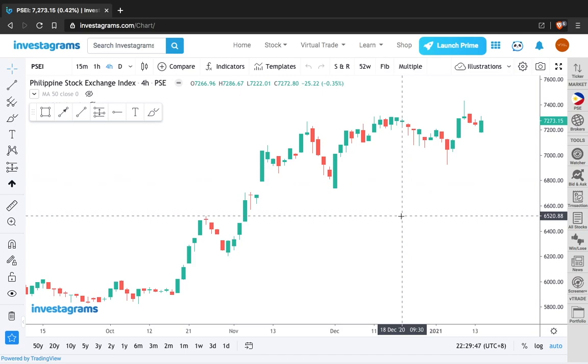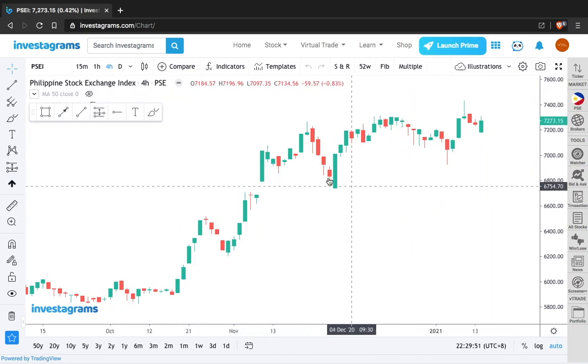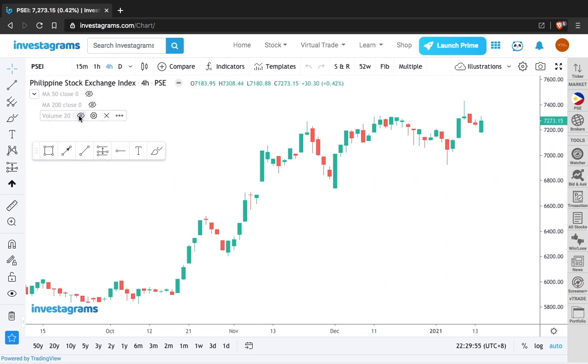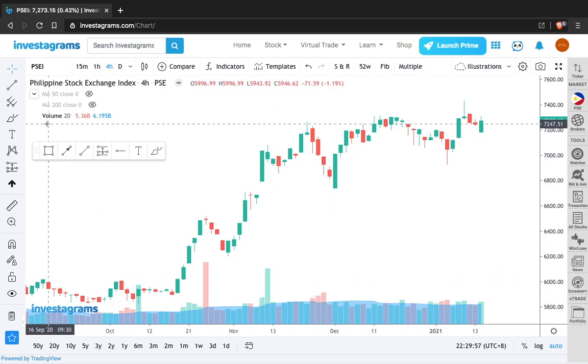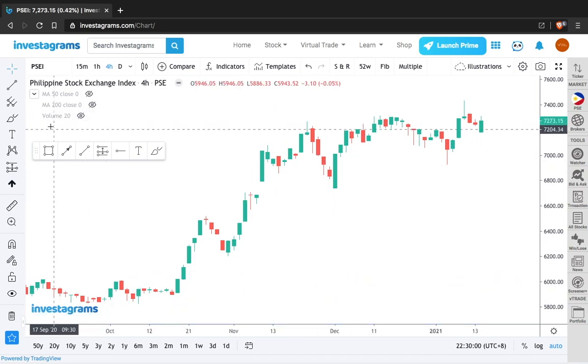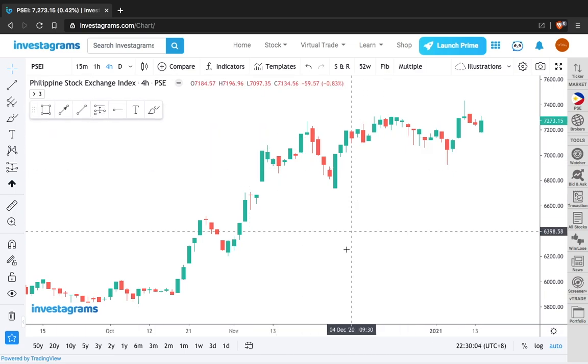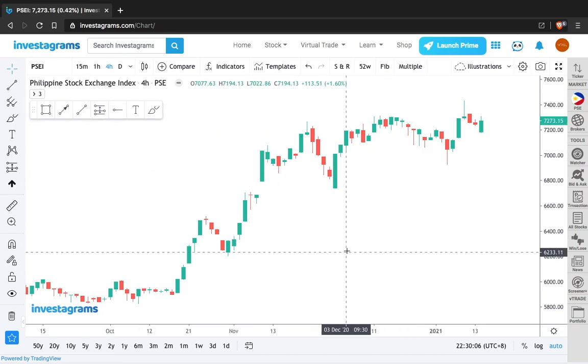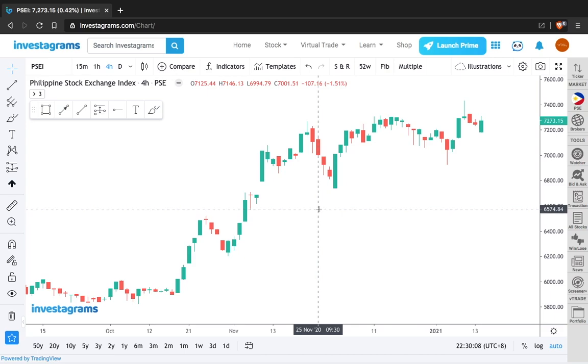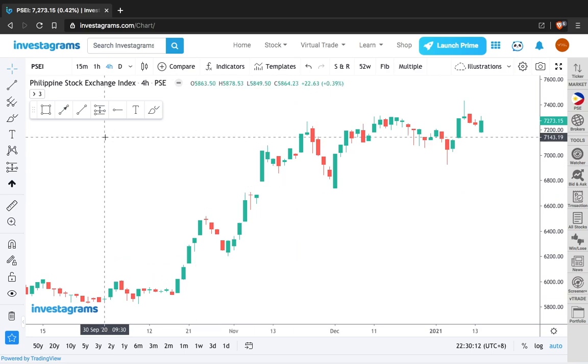And if you're new to Investagrams, you're going to have a basic chart that looks like this, with no indicators, or maybe you have volume as a default, so you should be able to see that. But you know me, I don't use indicators or anything, and I just read my candlesticks and plot my analysis or my trend lines by myself.